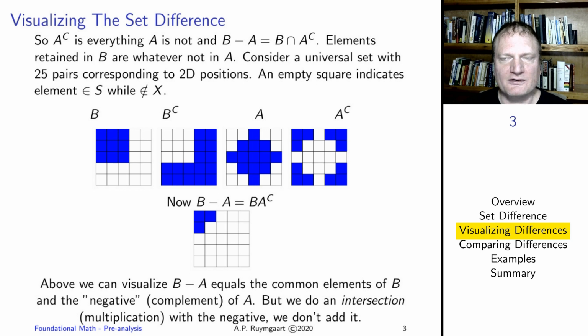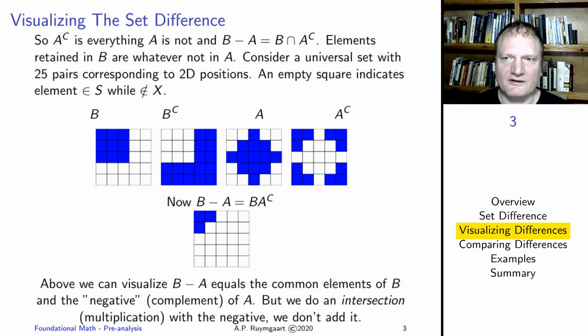Now remember, the difference, B minus A, are all the elements in B that are not in A. And the complement of A are all the elements in the universal set, or all possible elements, that are not in A. So if we take the common elements of B with all the possible elements in the superset that are not in A, then we get our set difference.